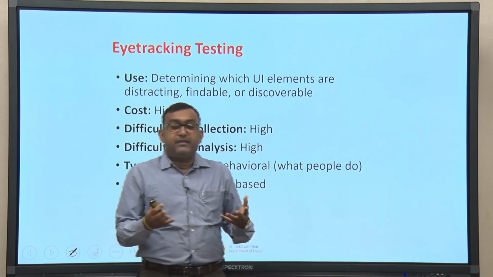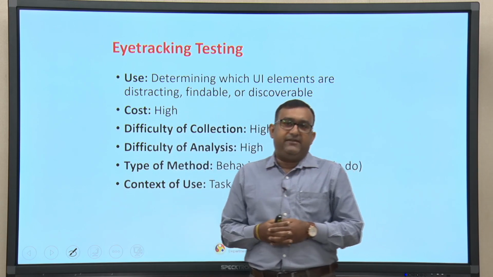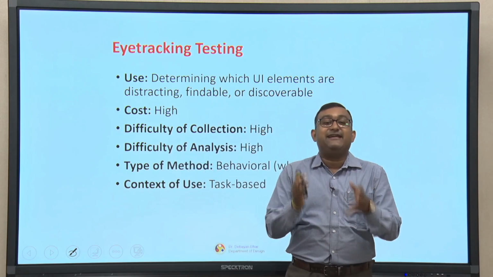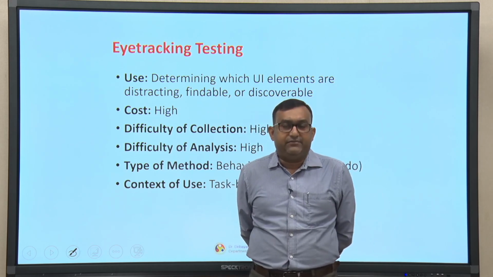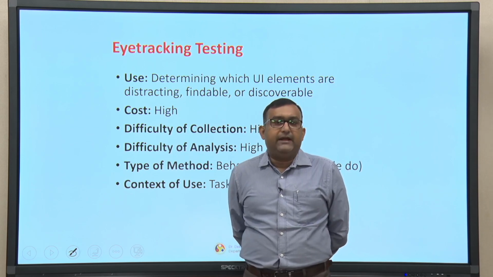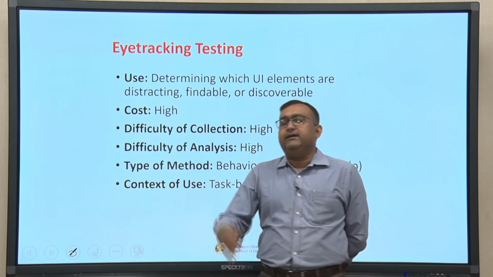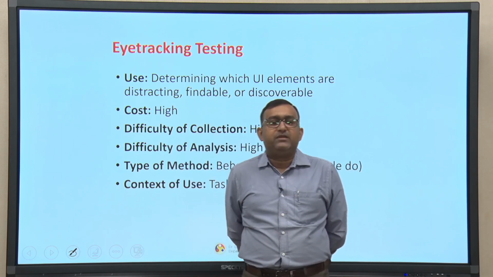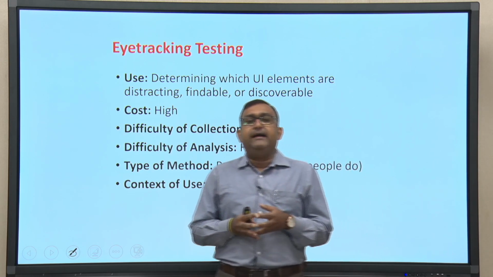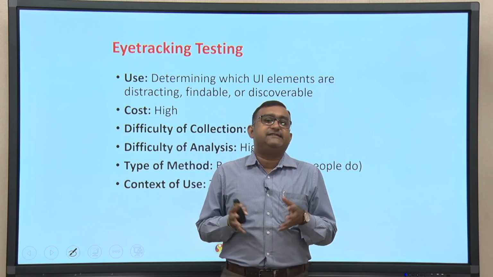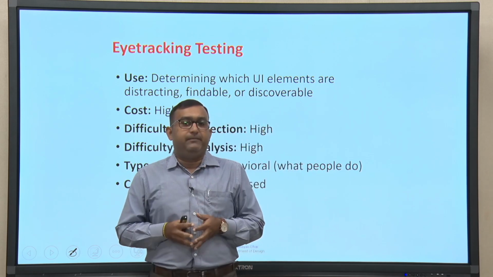So, that is what we are trying to find out from our samples. And finally, the one that is extensively used now, and it is a highly precision based study, is the eye tracking study. We will have a demonstration of the eye tracking device in this module, and you would see how eye tracking studies help us to interpret the quality of the interface. Its use is to determine which user interface elements are distracting, findable or discoverable.